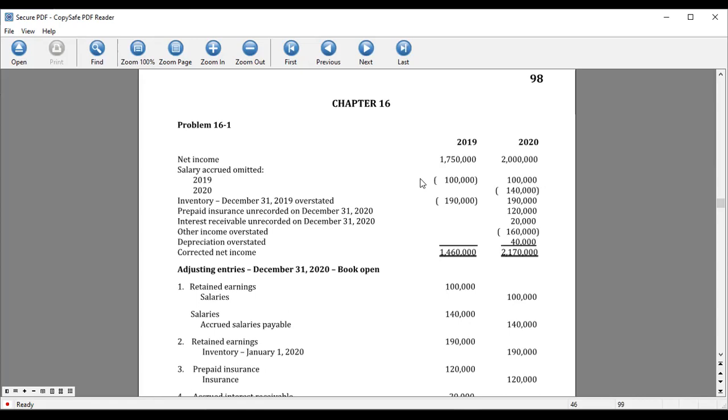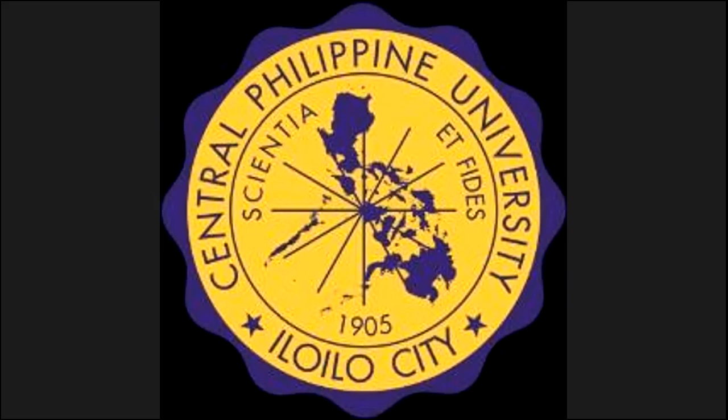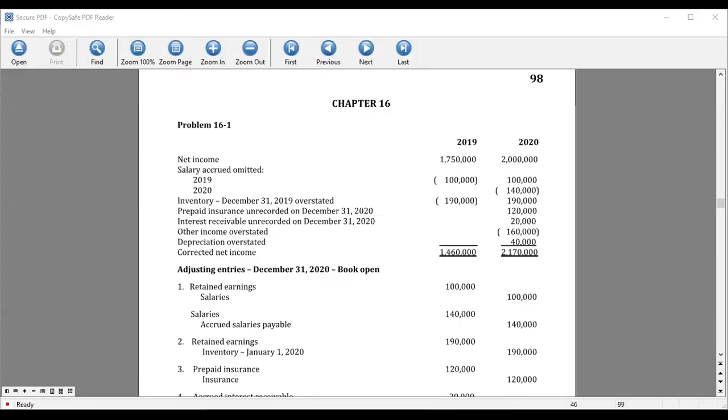So for this, here we have the footings and extensions showed that the inventory on December 31, 2019. Okay. We have interest receivable of 20,000 was not recorded on December 31, 2020.